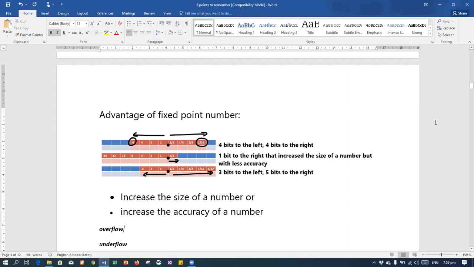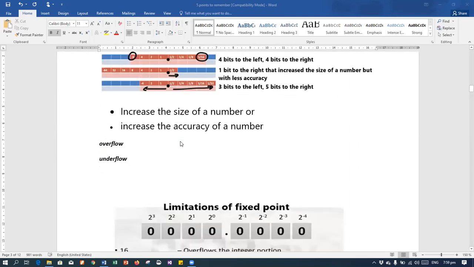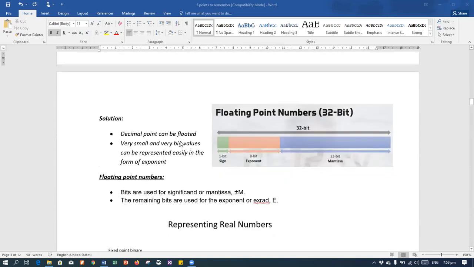We start filling the number from one point, and then the leftover bits are ignored. Is it clear? In this case, we have overflow and underflow that cannot be resolved because of the fixed point notation. So that would be sorted out by using floating point numbers.